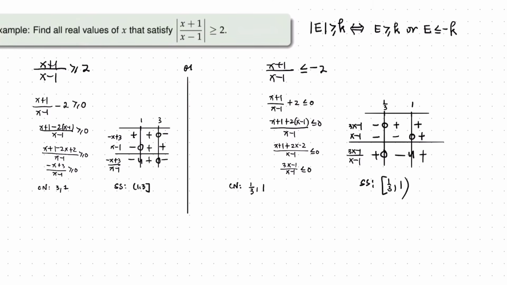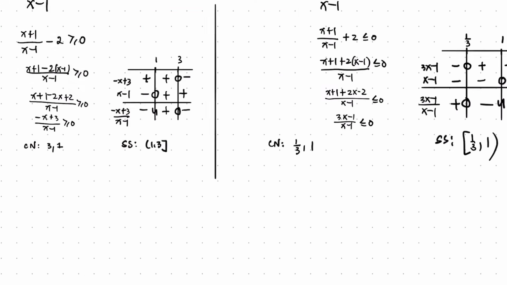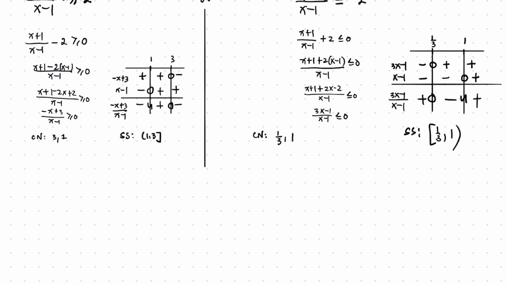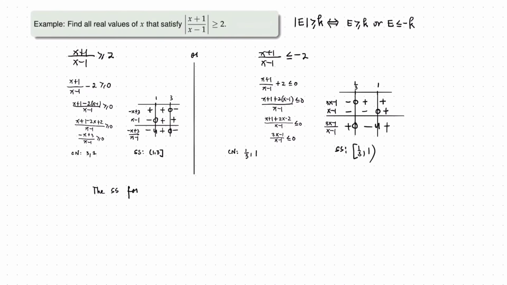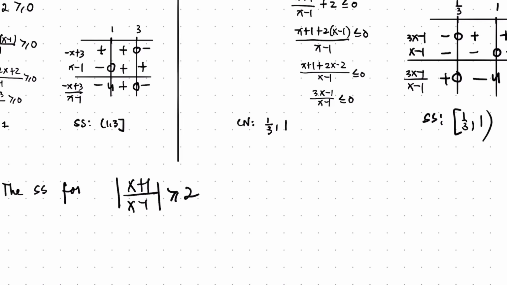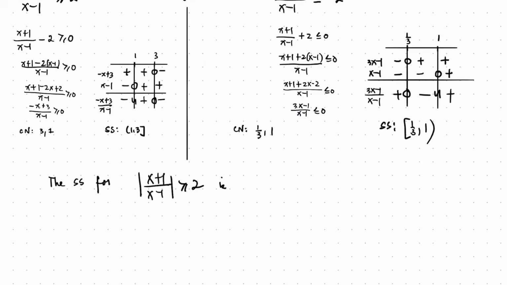So the solution set for absolute value ni x plus 1 over x minus 1 greater than or equal to 2 is union of this. Sulat ko na lang ganyan.